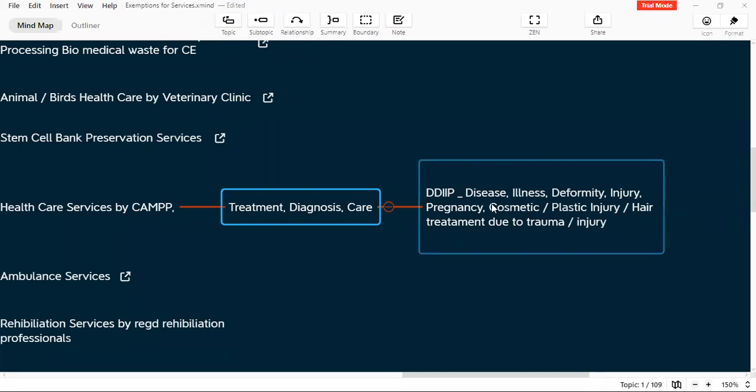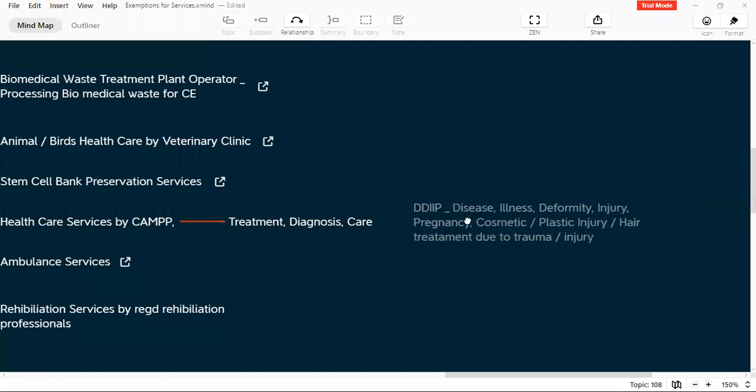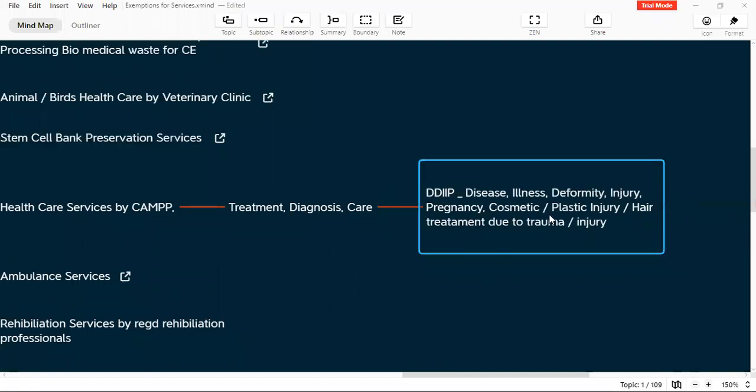One specific point which we wanted to say: cosmetic or plastic surgery would be taxable. There is no exemption for cosmetic surgery. However, let's say somebody has broken their hand through some accident, and because of that there is an injury.